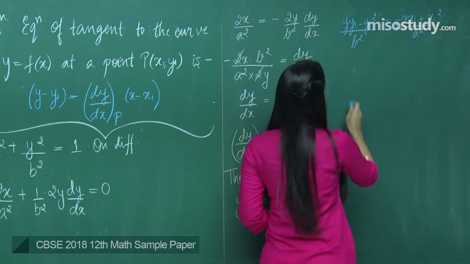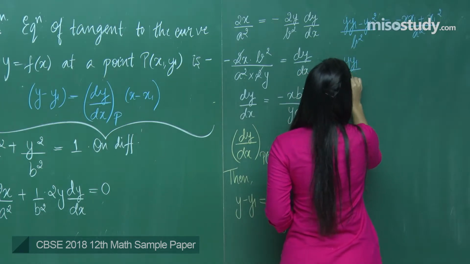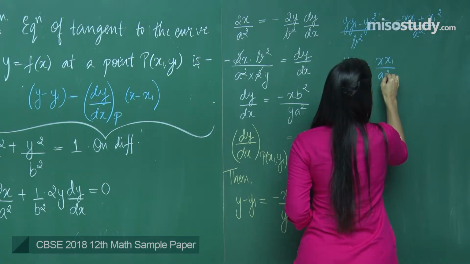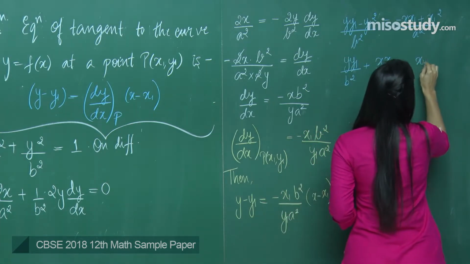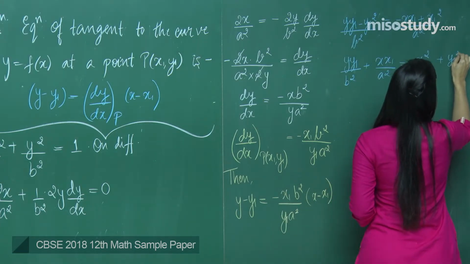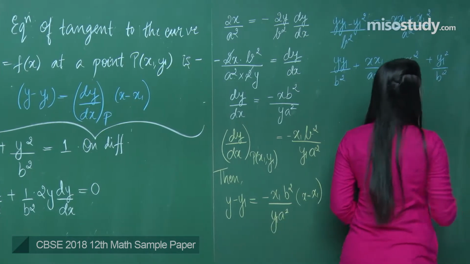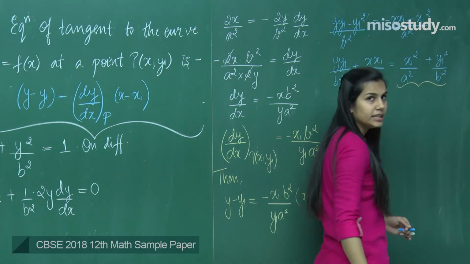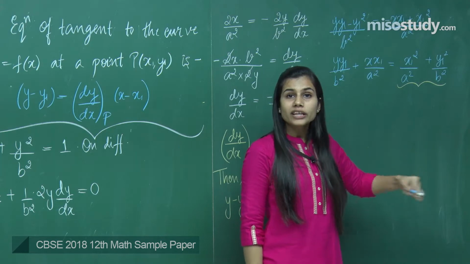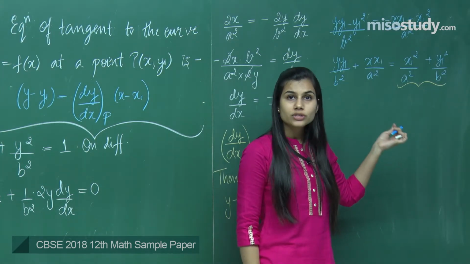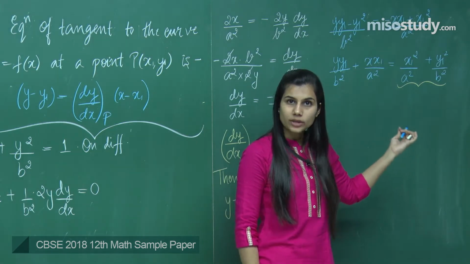And now simplify, you have y y1 upon b square plus x x1 upon a square equals x1 square upon a square plus y1 square upon b square. But over here on the right hand side, if you focus carefully, x1 comma y1 is a point on the ellipse, so it will be satisfying the equation of the ellipse, which is x square by a square plus y square by b square equals 1.